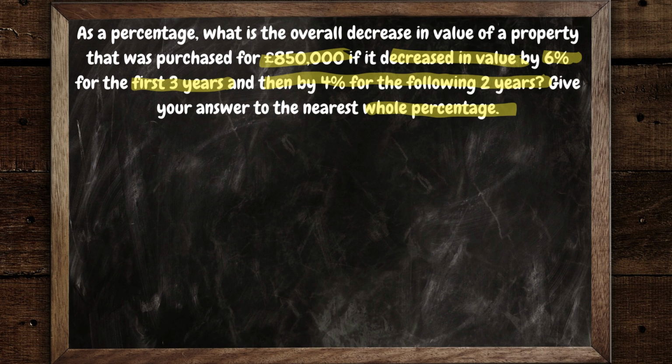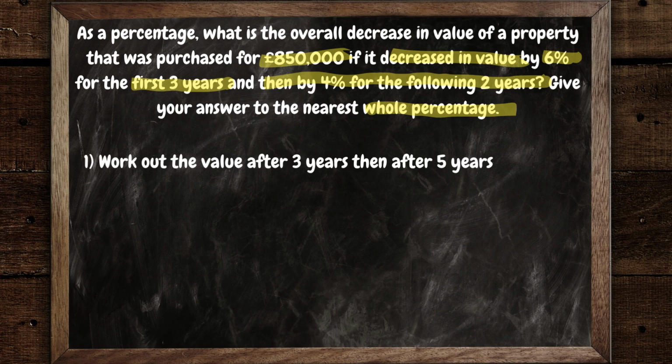Now, this is quite important because you would always get a mark for giving the answer in the form that they want. Okay? So in order to solve this question, we need to work out the value of the property after 3 years and then after 5 years.